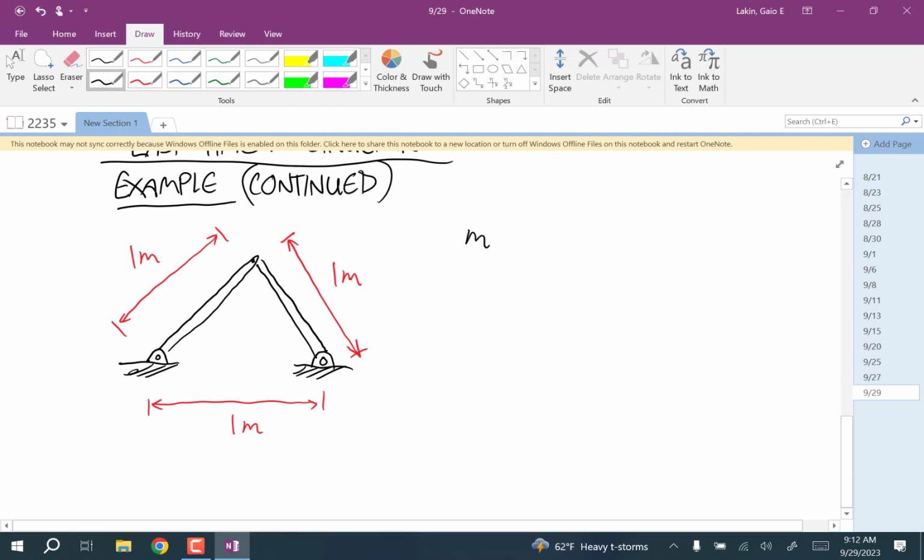And the masses of these two members are 20 kilograms. So what we're trying to do is calculate the external loads on each one of these members.